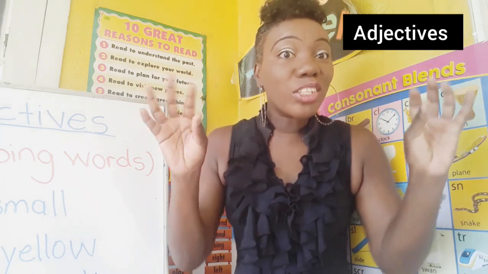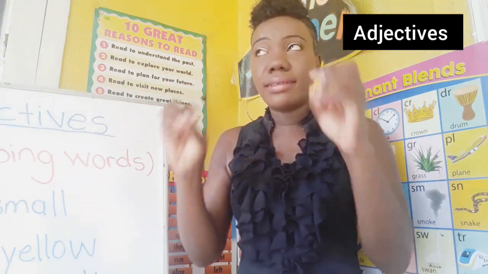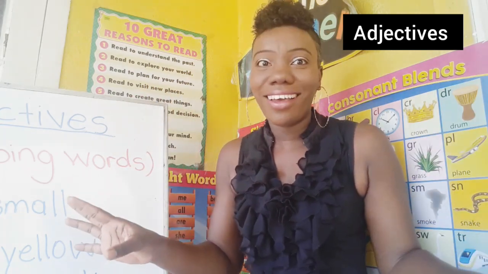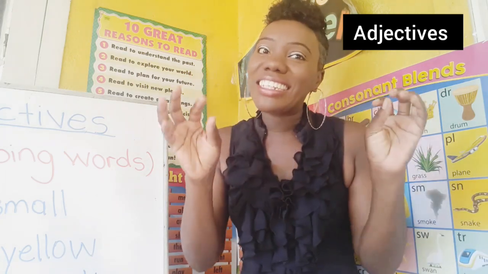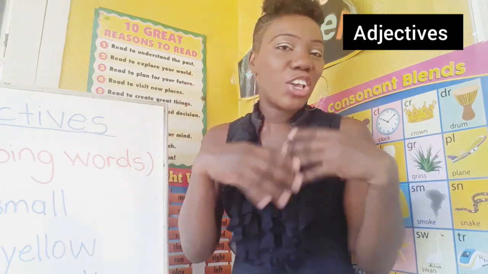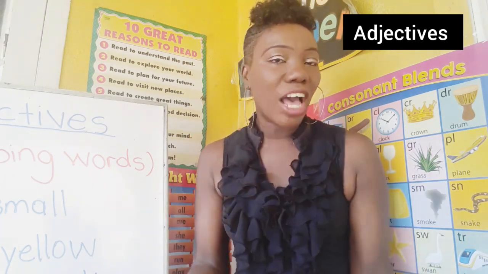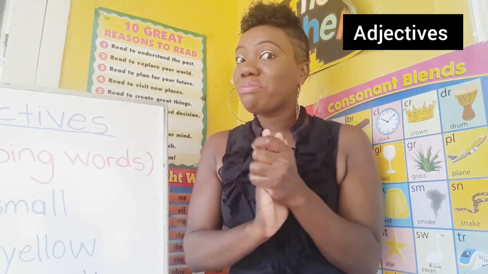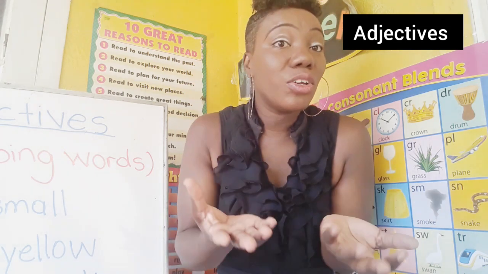Those words that we use to describe people and tell how they look or how they feel, those are adjectives. We have to use nice adjectives to people, like you're pretty or you're brilliant or you're handsome. Yes, those are nice adjective words. So yes, you were using adjectives, boys and girls, but you did not know.